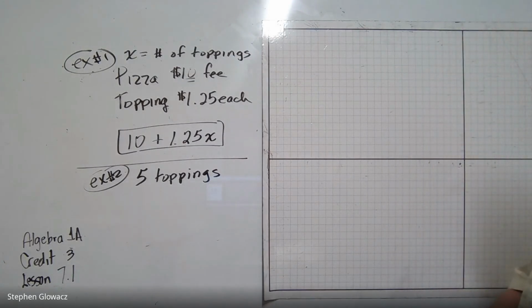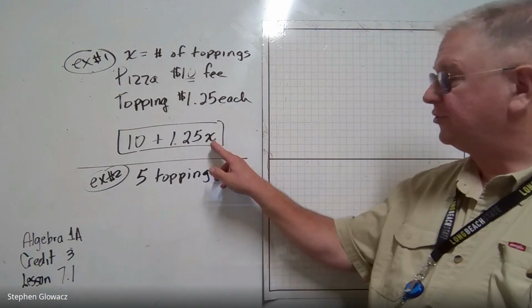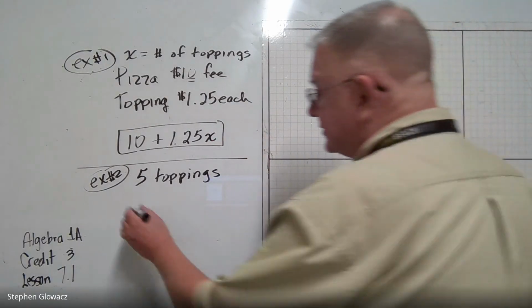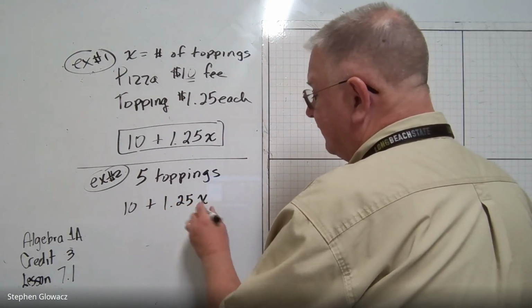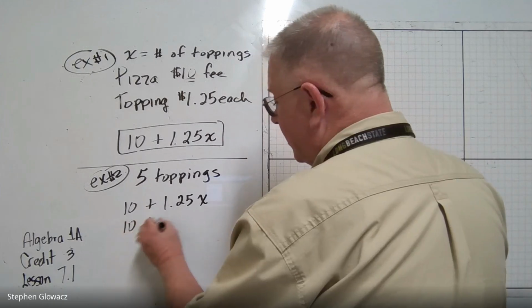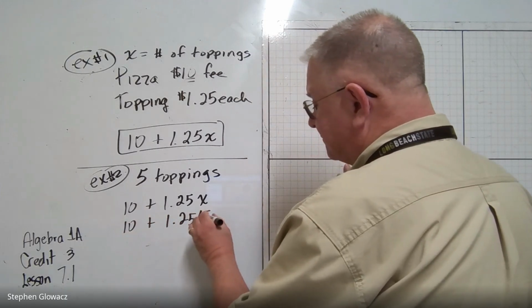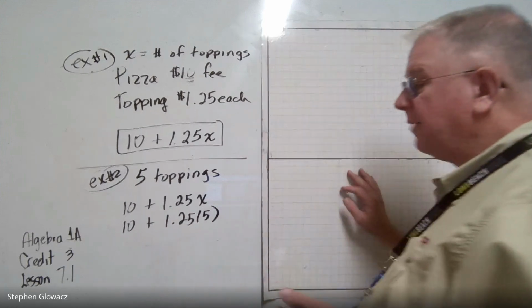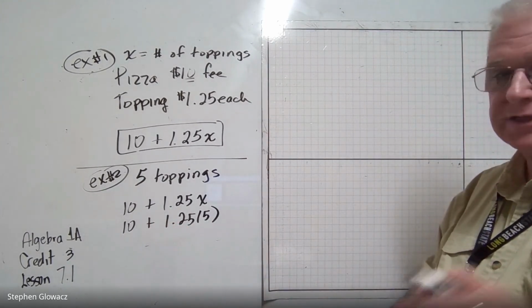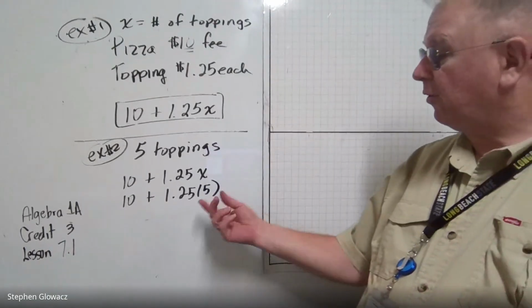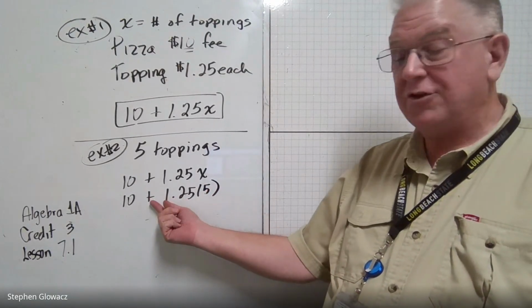So what we're going to do now is take that number and substitute it in for X, and then we'll simplify that expression. So we have 10 plus 1.25X, and we're going to substitute 5 in for X. Now, you might be tempted to work this out by adding first, but remember the order of operations that tells us that we're going to multiply first, then do our addition.